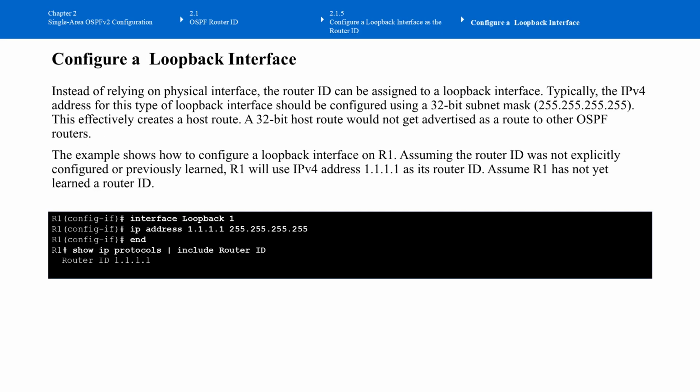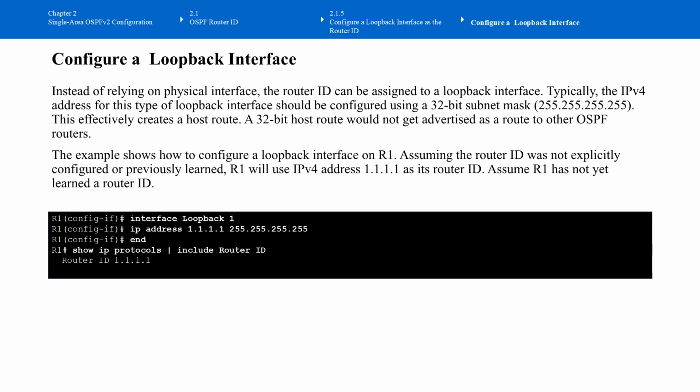Now let's learn how to configure a loopback interface on R1. First, we need to go to the interface configure mode for R1. So use the interface command followed by the interface ID or name. And then in the interface configure mode, we enter interface loopback 1.